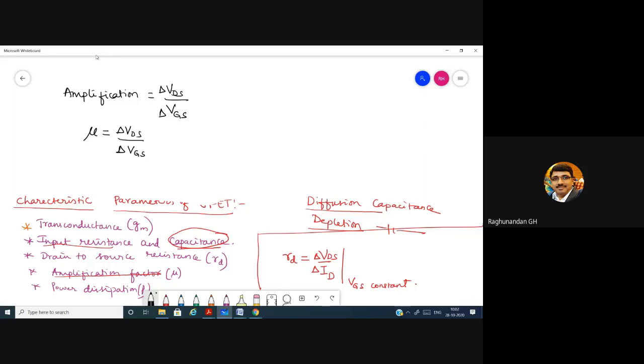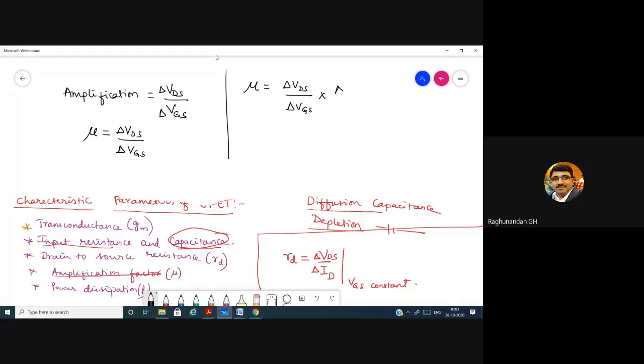For the purpose of solving problems, we sometimes rewrite this formula. Mu is equal to delta VDS by delta VGS.